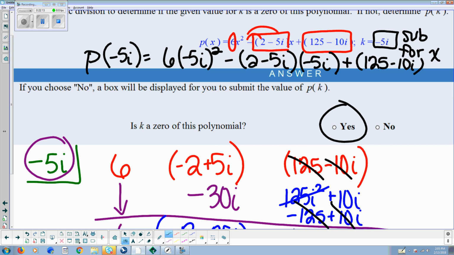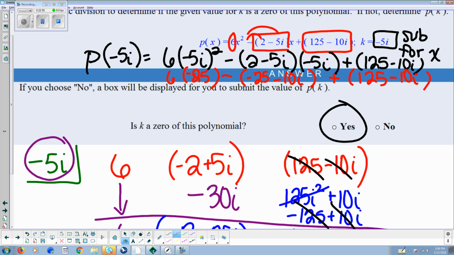And then I would simplify this expression. Well, it's harder when you have i's, but it's definitely doable. -5i squared would be 25i squared, which becomes -25. That gets multiplied by 6. Minus, let's see, -5i multiplied by 2 is going to be -10i, and -5i multiplied by -5i is 25i squared, or -25, plus 125 minus 10i.